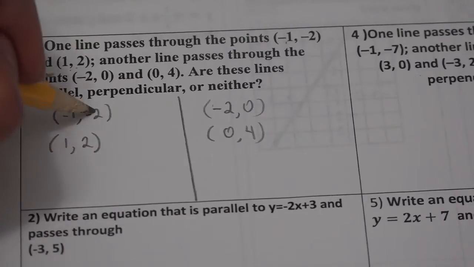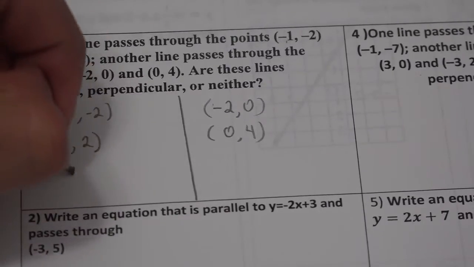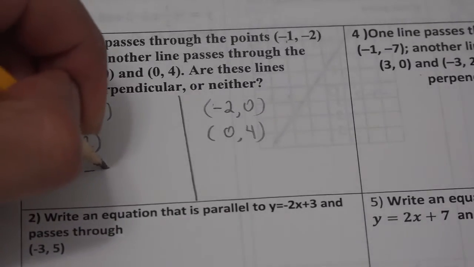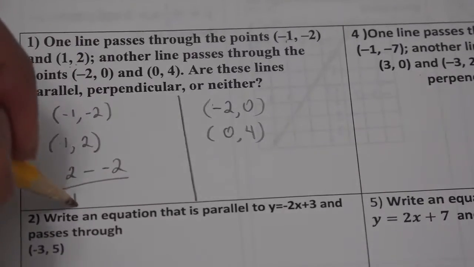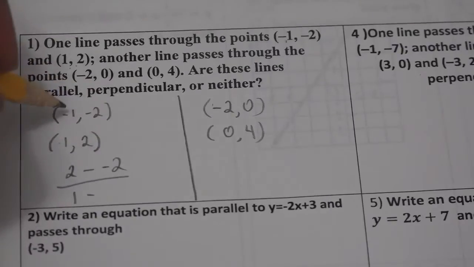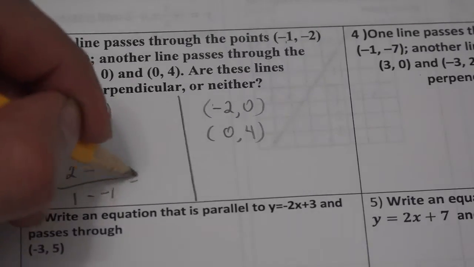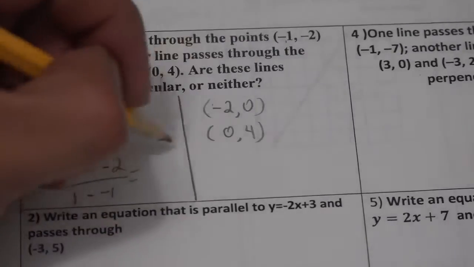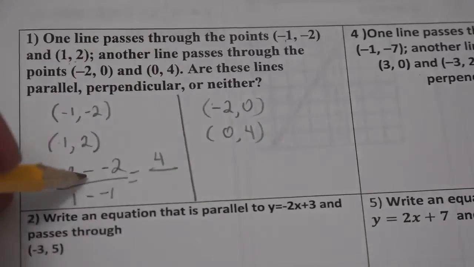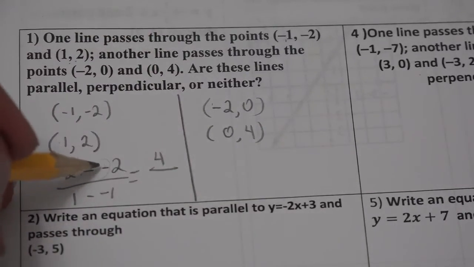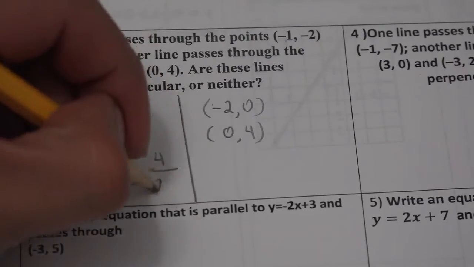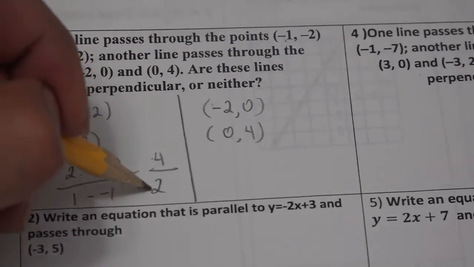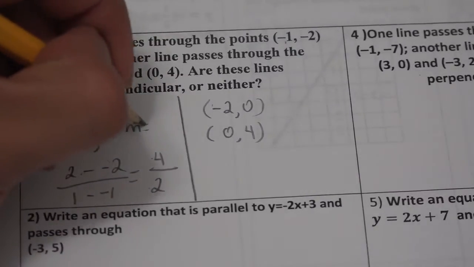So y2 minus y1, that will be 2 minus negative 2, over 1 minus negative 1. So 2 minus negative 2 is 4. I don't have time to explain again why these two signs turn into a plus. So 4, and 1 minus negative 1 is 2. 4 over 2 is 2. So the slope here is 2.